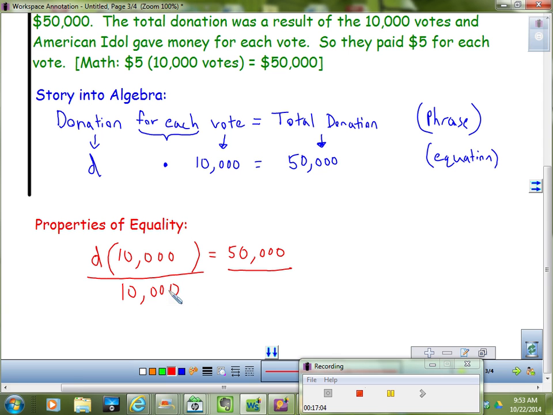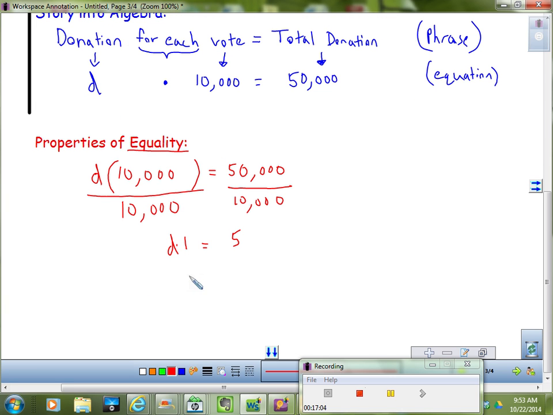And if I divide 10,000 on this side, the properties of equality says I also have to divide 10,000 on the other. What's 10,000 divided by 10,000? So I have 1 vote, or 1 donation, right? Equals, what's 50,000 divided by 10,000? 5. And then what's D times 1?